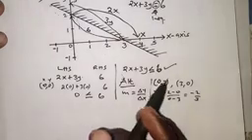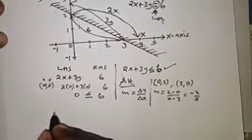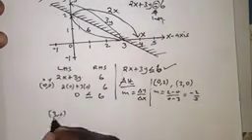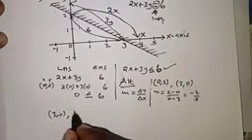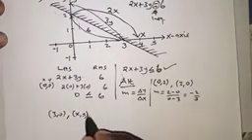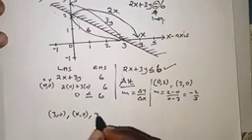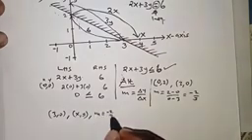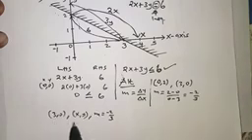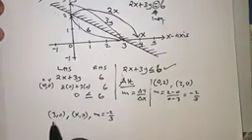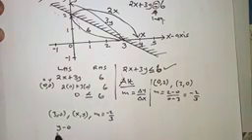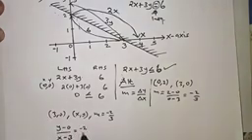Let me pick (3, 0), and an arbitrary point (x, y) plus the gradient, which we found to be negative 2 over 3, so that the equation of the line becomes change in y over change in x, so that is y minus 0 over x minus 3 should be negative 2 over 3, and then we cross multiply.